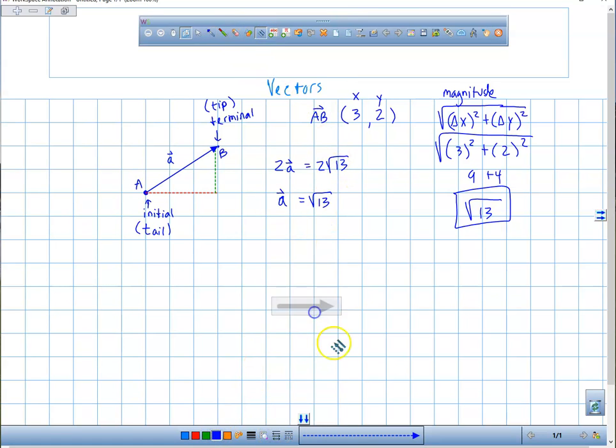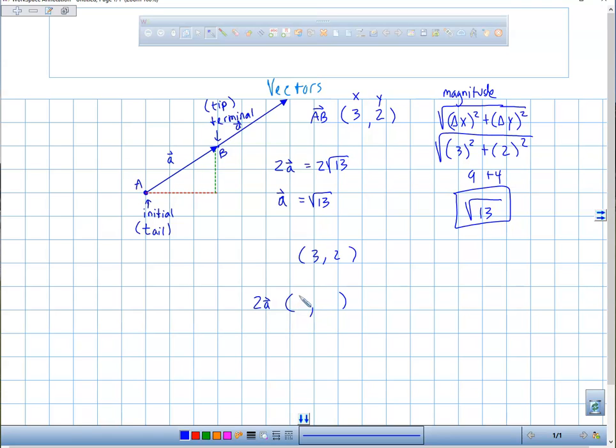The concept of what would be, quote, double vector A, is that you would literally double the vector. So if this is vector A, then 2 times that vector would equal double that. Well, let's think about this. If the components were 3 and 2, and I said, what's twice vector A's components, what would they now become?